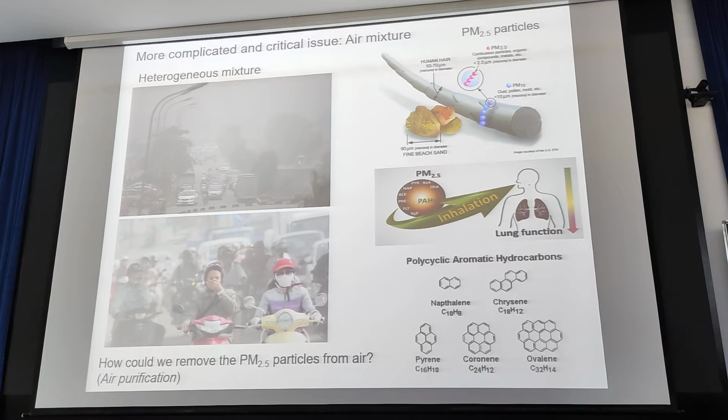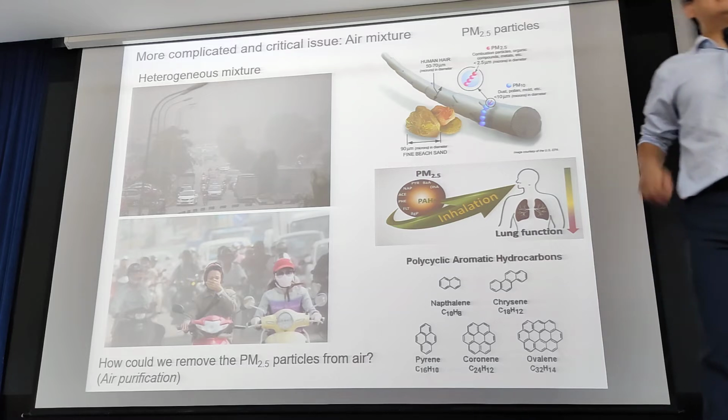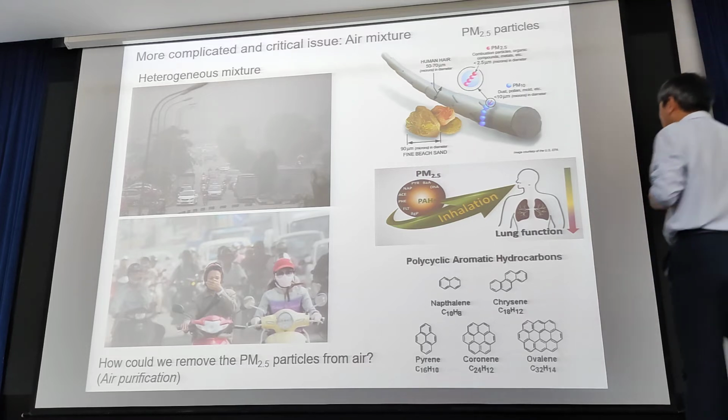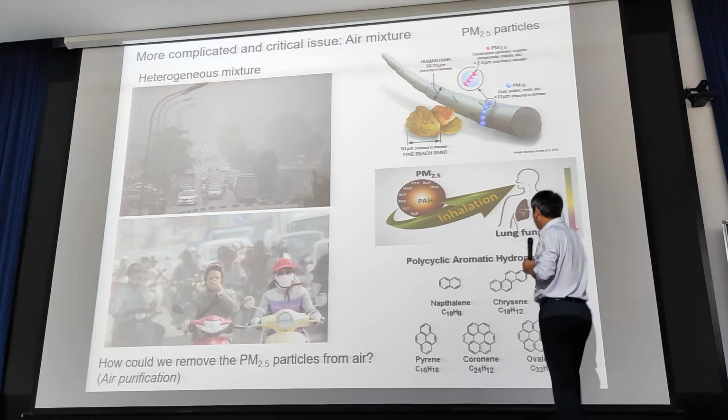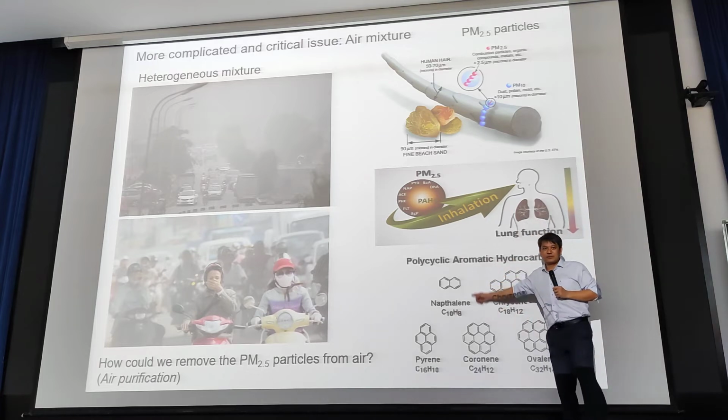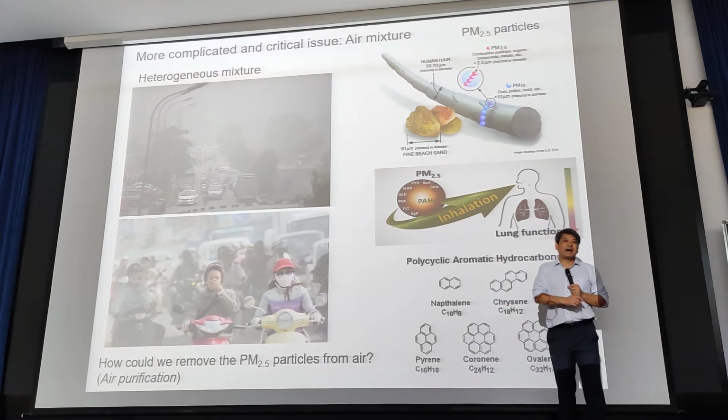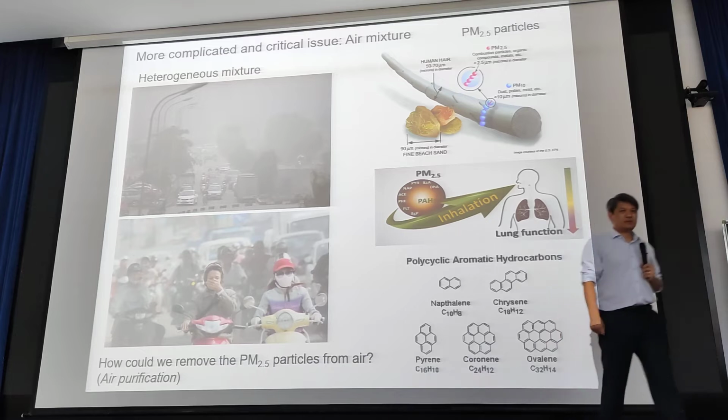And also in the air of Hanoi, you have what you call particles with a size of 2.5 micrometers. We call it PM 2.5, right? And inside the PM 2.5, you have a lot of aromatic hydrocarbons like this one, and all of these chemicals are cancerous.